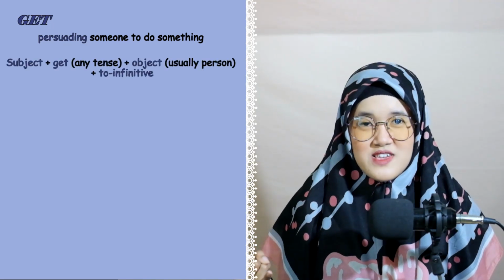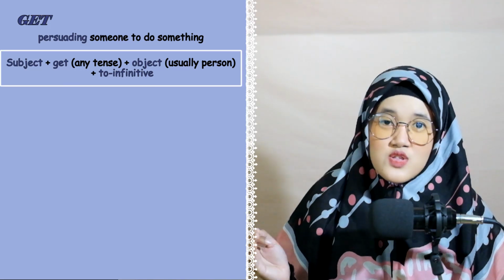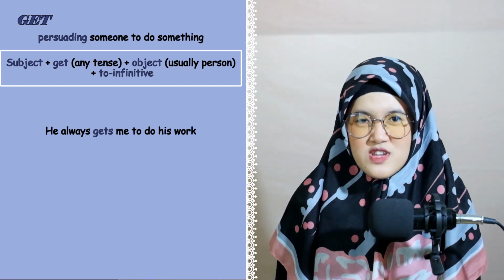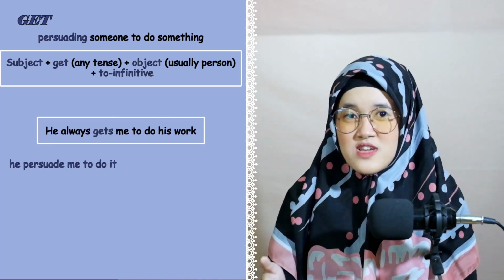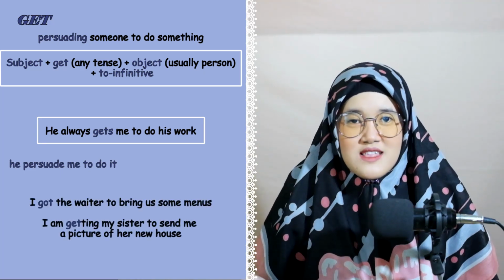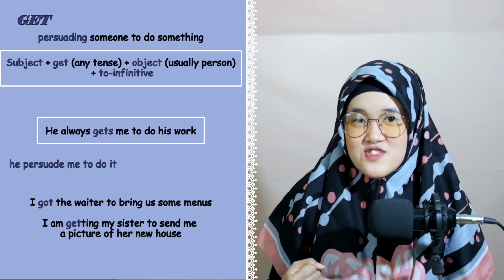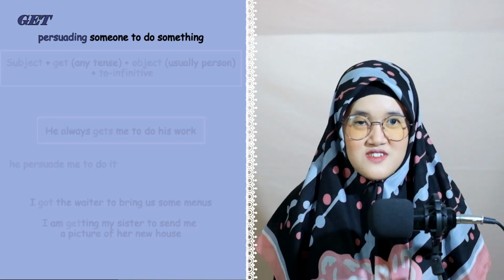First, subject, get, object, to infinitive. He always gets me to do his work. He is always persuading me to do his work. I got the waiter to bring us some menus. I'm getting my sister to send me a picture of her new house.